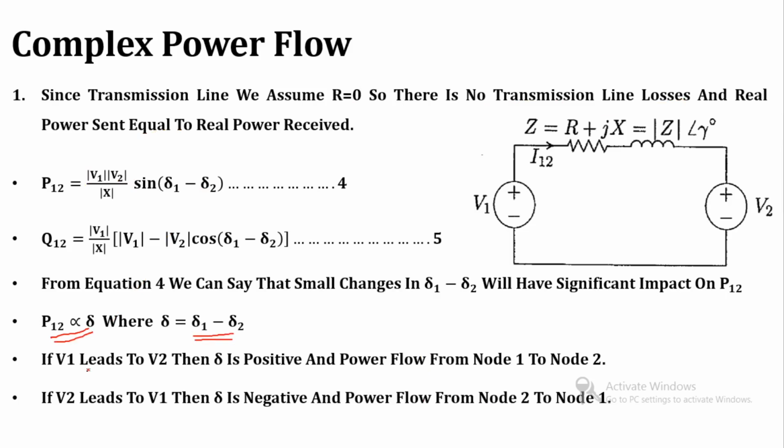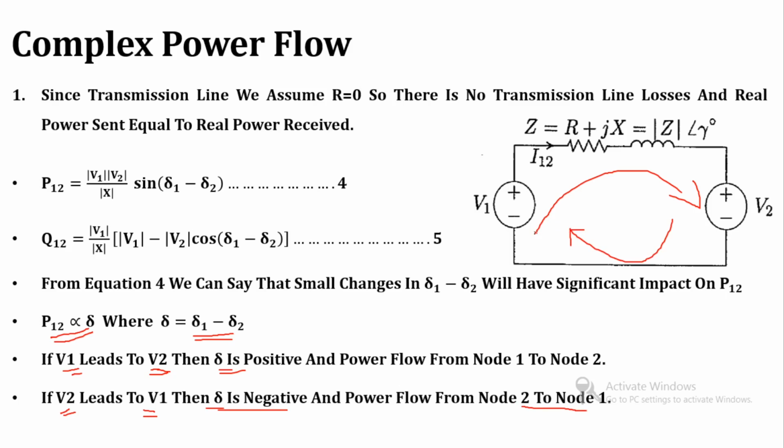So I can say that if V1 leads V2, that means delta is positive because delta 1 is greater than delta 2. So in this case power will flow from node 1 to node 2 if V1 leads V2, and vice versa, if V2 leads V1, then delta is negative and power flows from node 2 to node 1, that means in this direction.